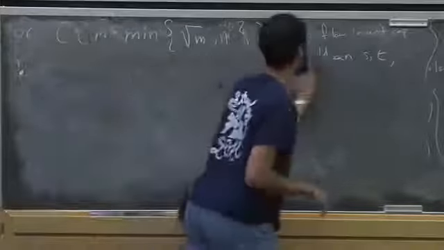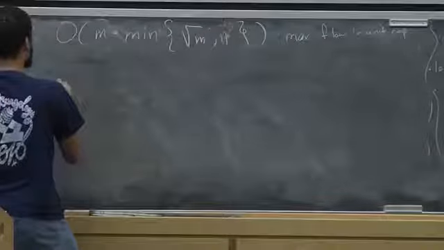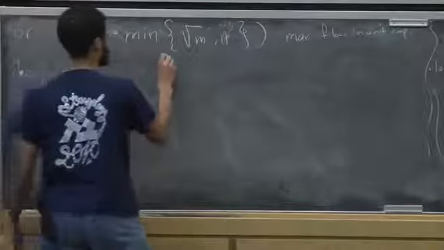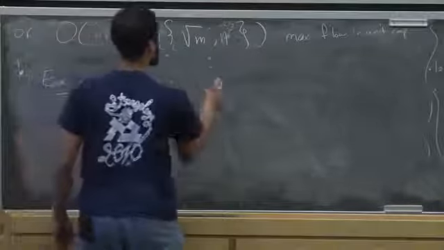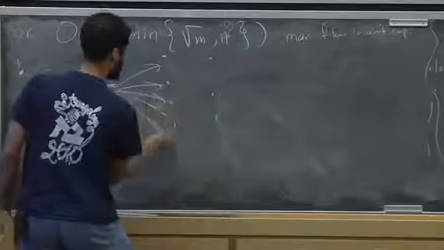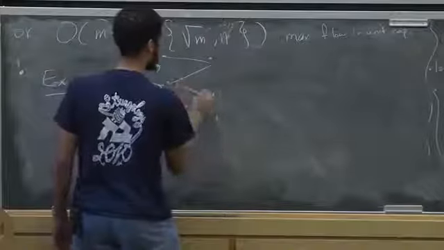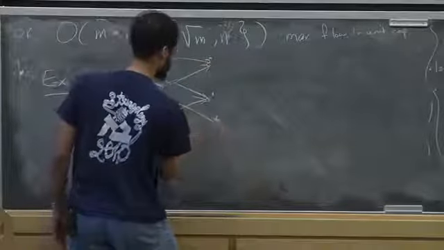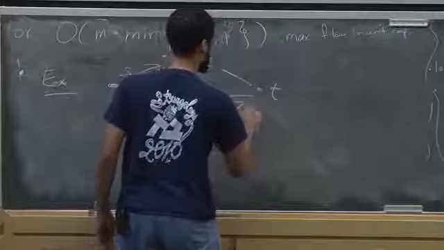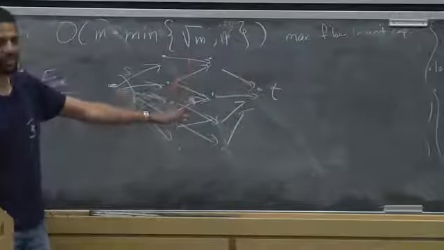So if you look at, for example, graphs like the following, imagine a graph that has S and T as follows, and then it has two layers in the middle.